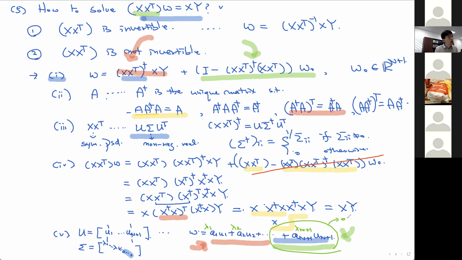So as far as the solution is concerned, this green part can be anything. That's the green component, we have W0.